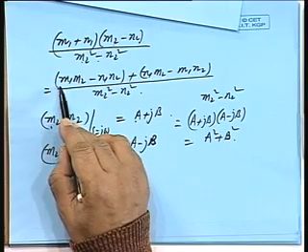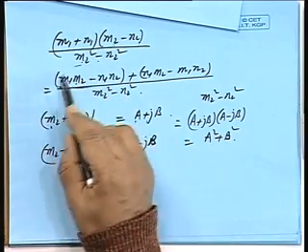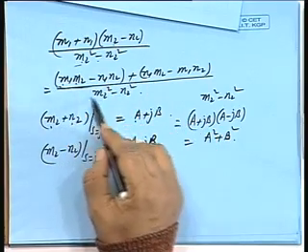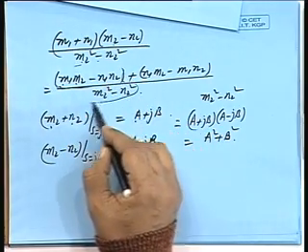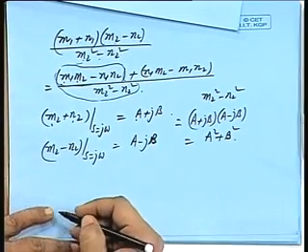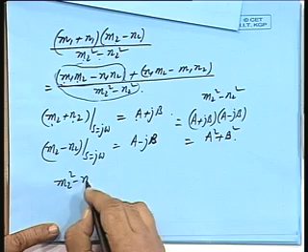Therefore, this is even into even, this is odd into odd, so this is the even part and this is the odd part. Alright. So our starting point will be this m2 squared minus n2 squared.